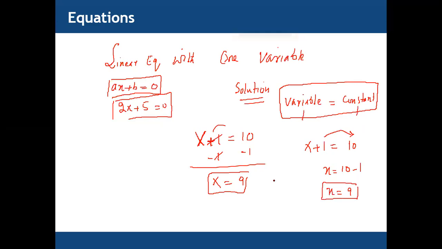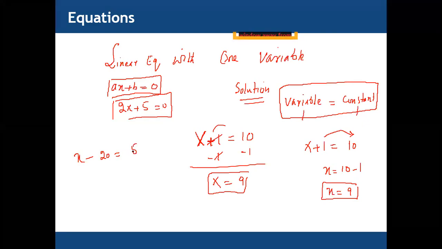Or for example, we have x minus 20 equal to, let's suppose, 5. How can we find the value of x? We can find it by transferring minus 20. How can we cancel minus 20? By adding 20 to both sides.